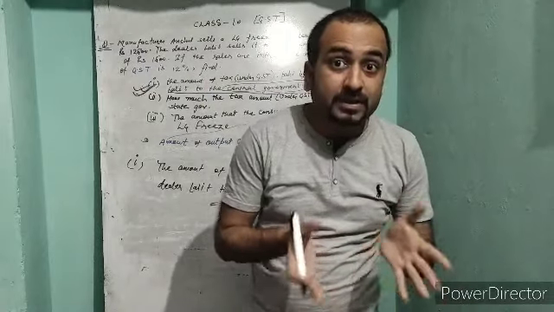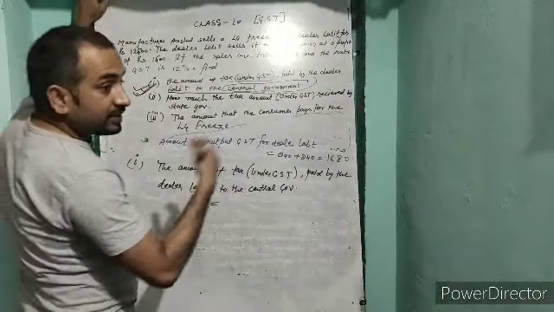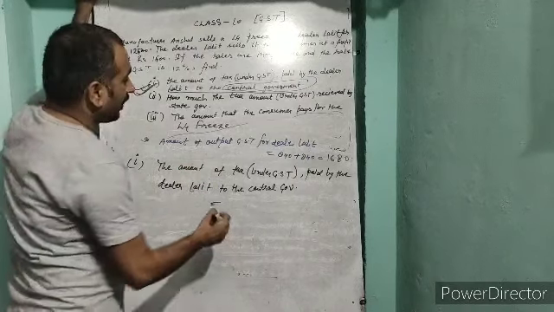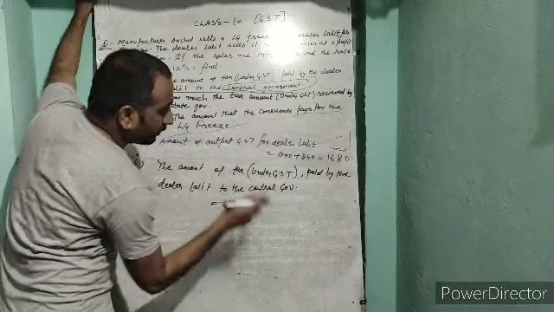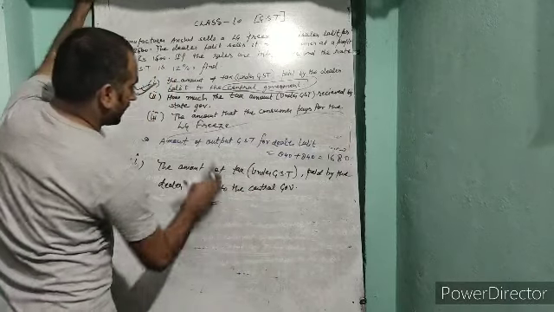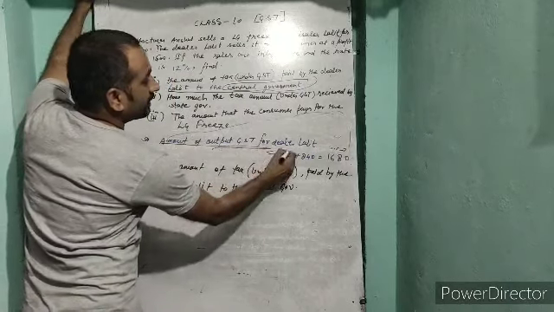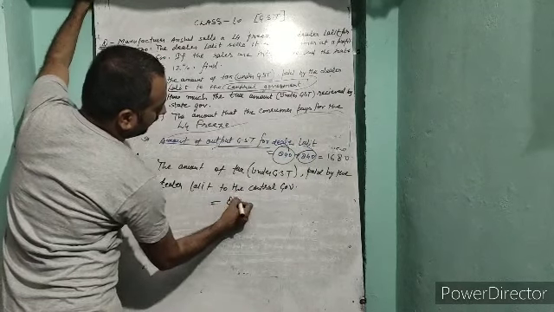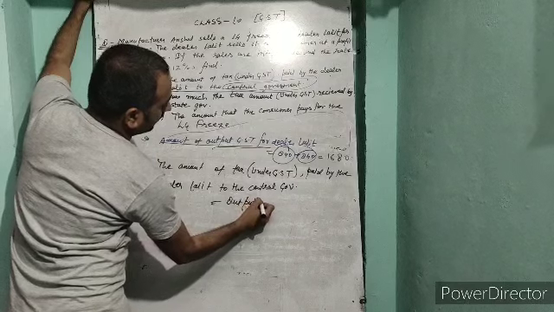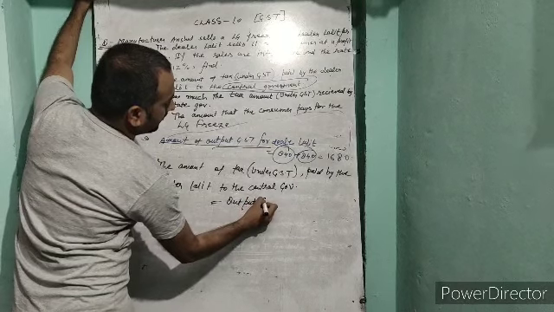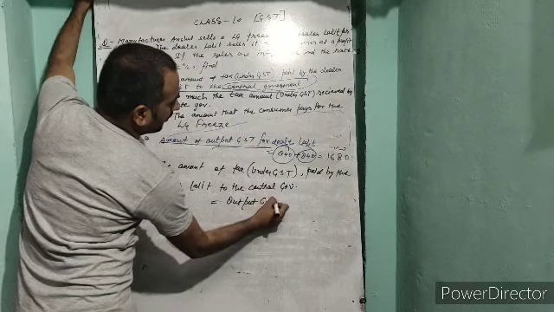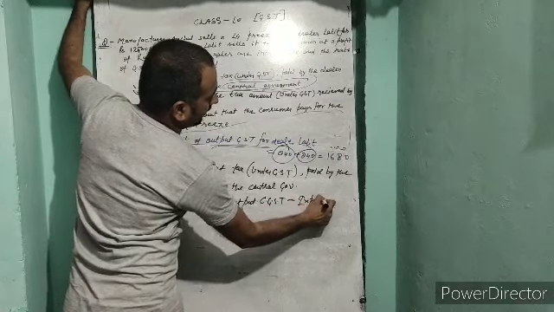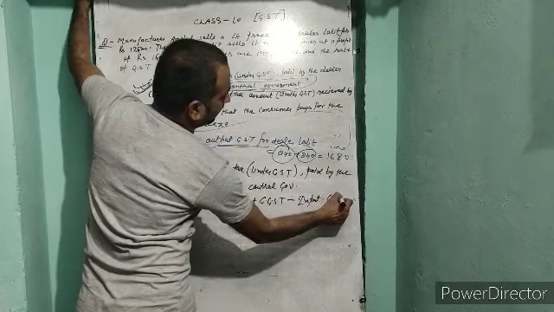They are asking about the CGST. There are two types of CGST: output CGST and input CGST. The output CGST is 840, so this is CGST and this is SGST. So output CGST minus input CGST.